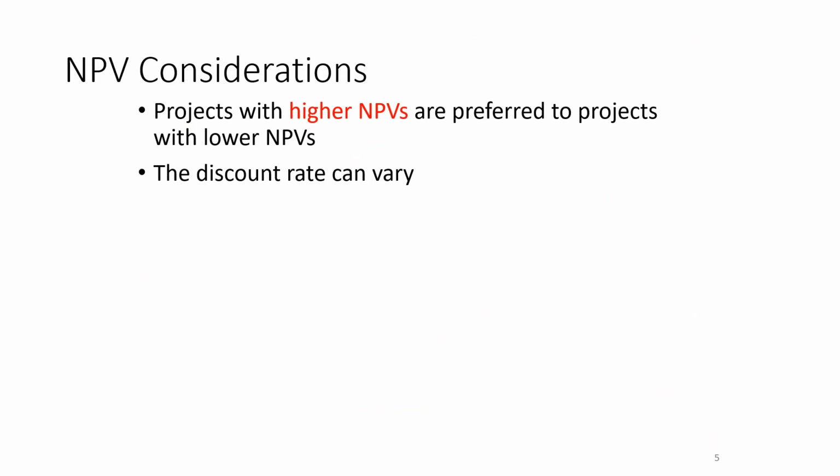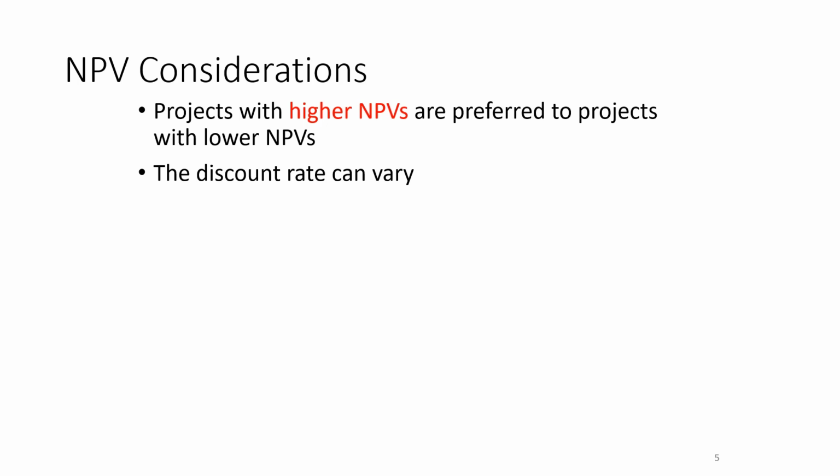So some considerations for NPV. Projects with higher NPVs are preferred to projects with lower NPVs if all other factors are equal. So it's a technique to select projects. For example, if you have some projects and you want to select one of them or two of them, you can apply NPV and then select the project that has highest NPV.